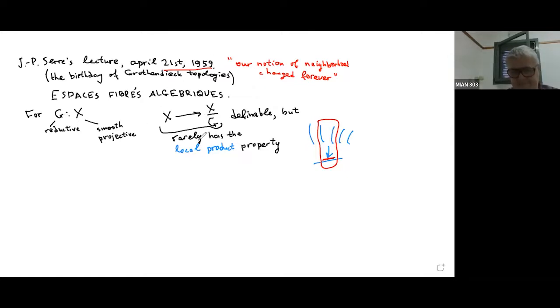The explanation was quite simple: the Zariski topology had a poor enough supply of open sets, not enough opens.